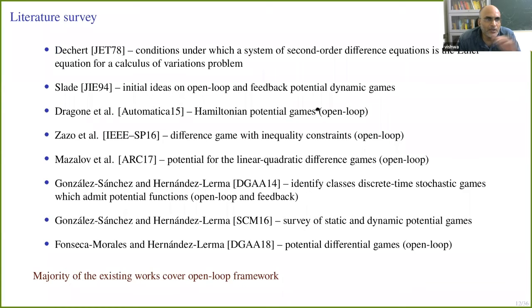So some literature survey on dynamic potential games. Here it's an inverse problem in the sense we are trying to see the necessary conditions associated with the computation of equilibrium, and we are talking about the existence of an optimal control problem.